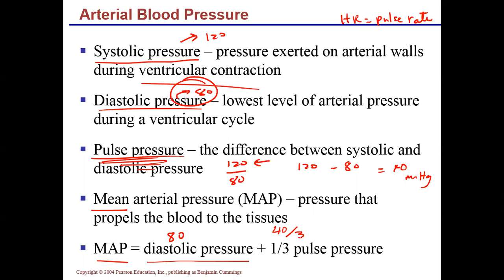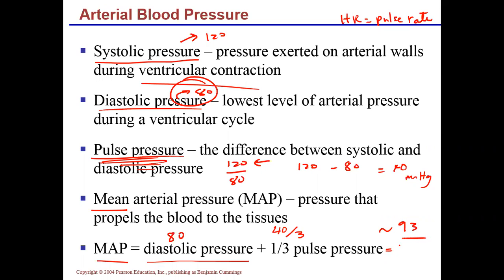So 13.333 plus 80 gives us 93.3, somewhere around 93, more or less.